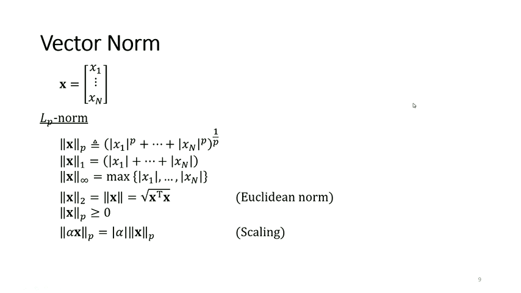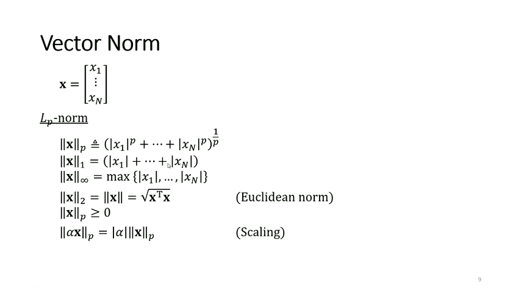Norms of a vector. By default, I told you, lowercase bold is a vector. And by default, it's a column vector, like this. So this is a column vector. These are the scalar elements. This is the Lp norm of a vector.